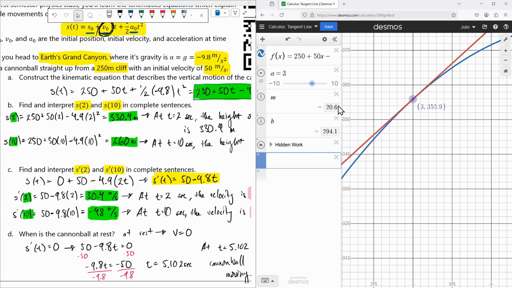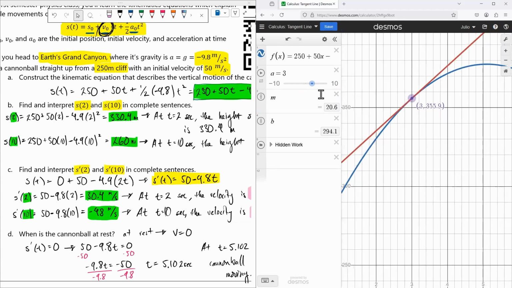That's actually going to be the M that's here. Got it? The B is going to be the other half. We'll take a look at that in a little bit. Not right now. We're more concerned with what the M does. So for M, I need it at t equal 2. So I'm going to grab this thing, zoom out a little bit, and move my A value to 2.